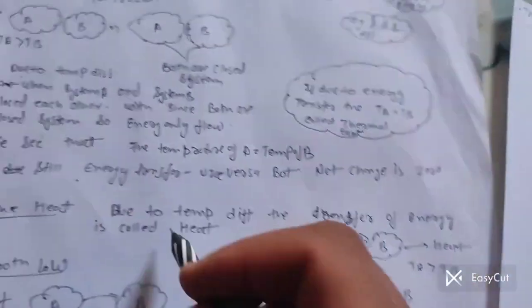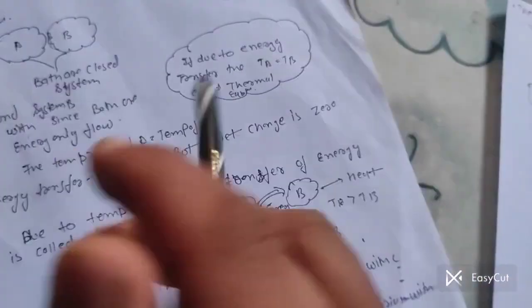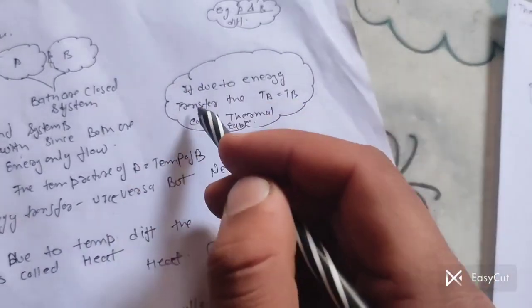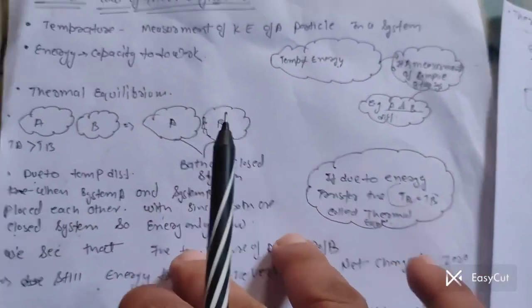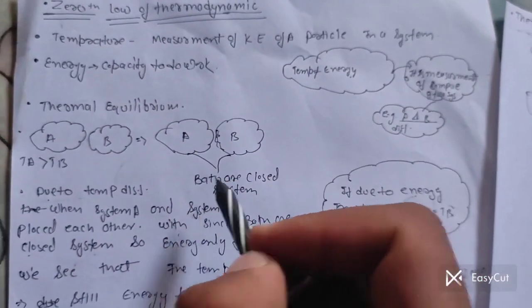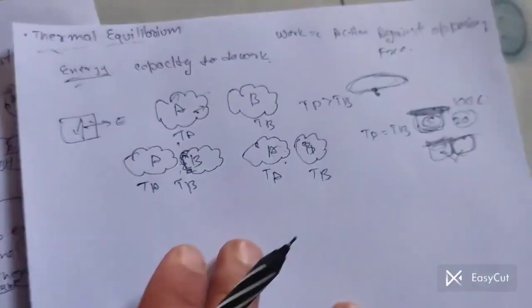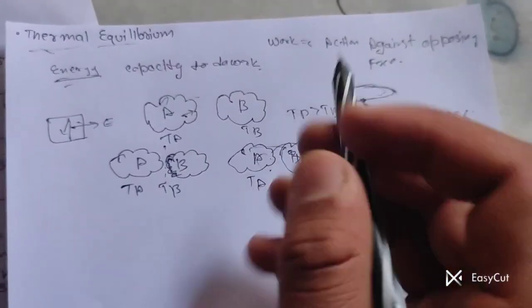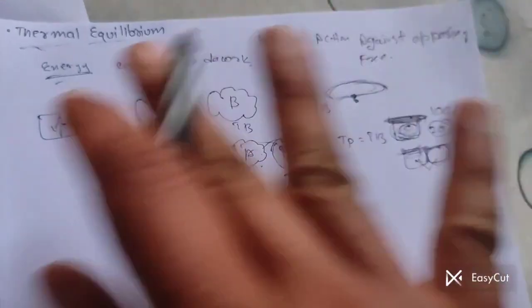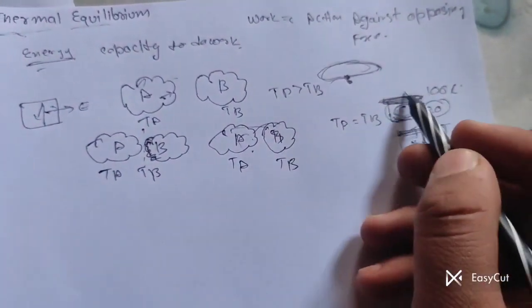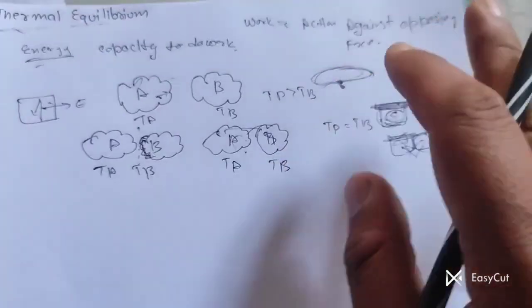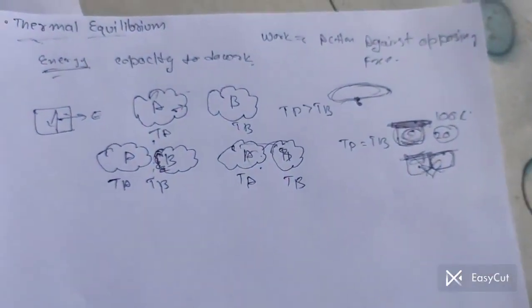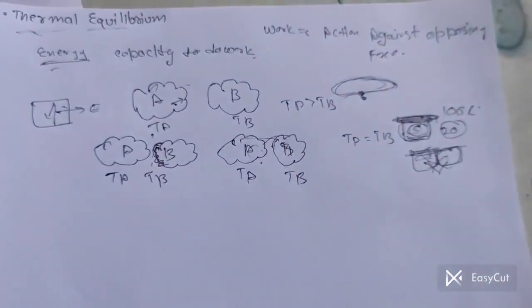This is called thermal equilibrium. Now the room temperature and the cup are at the same temperature. This is called thermal equilibrium.